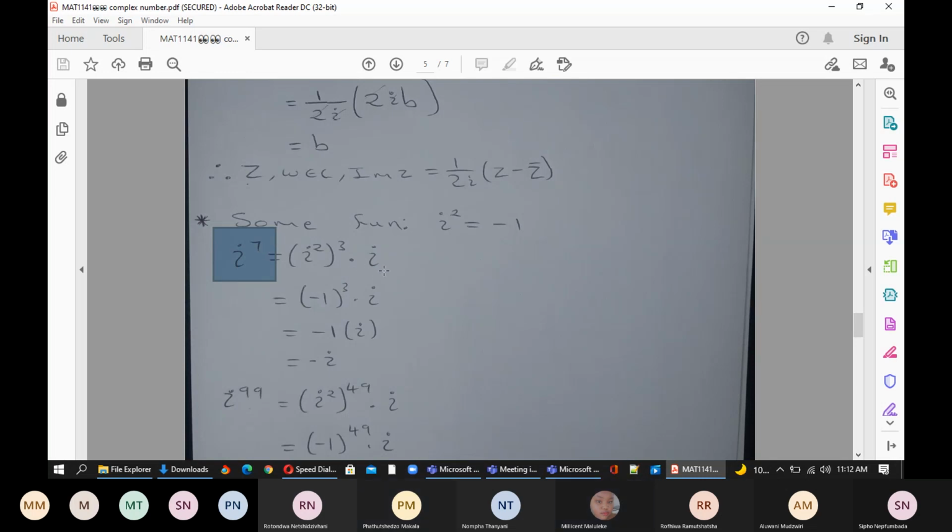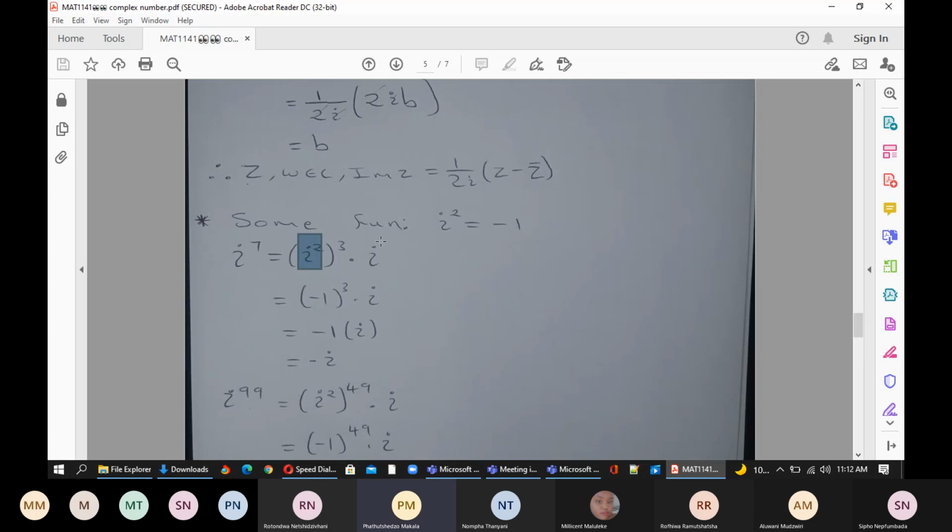This is our 1 here. So we are left with 6. From 6, we say 6 divided by 2 is 3. It means inside we must have 2 because we only know i to the power 2. We don't know i to the power 3. Outside we are going to have 3.